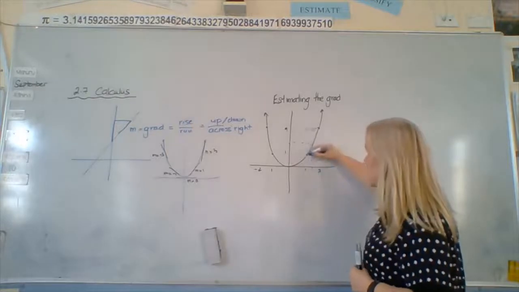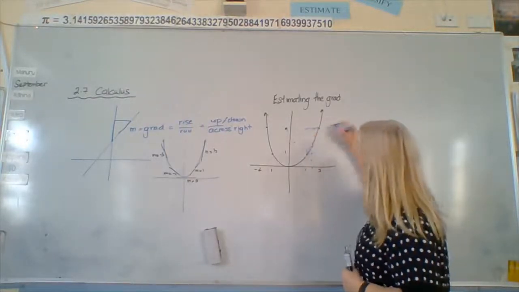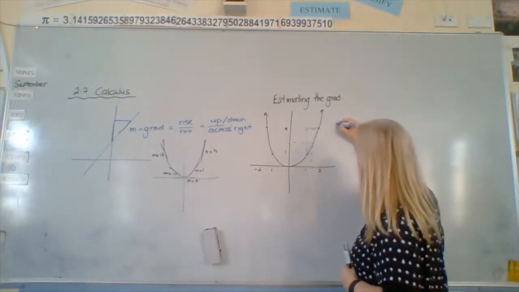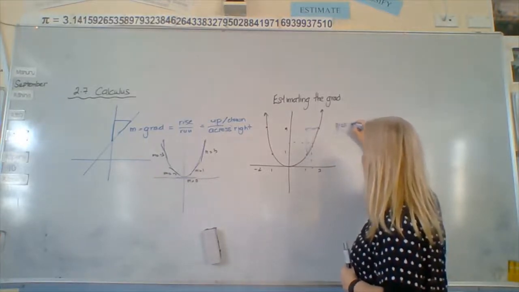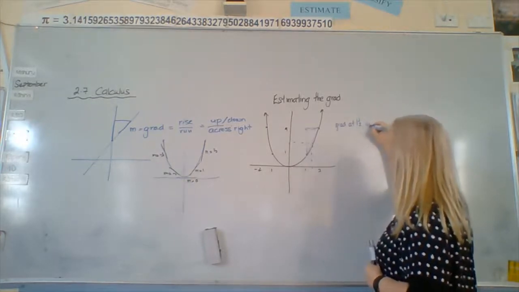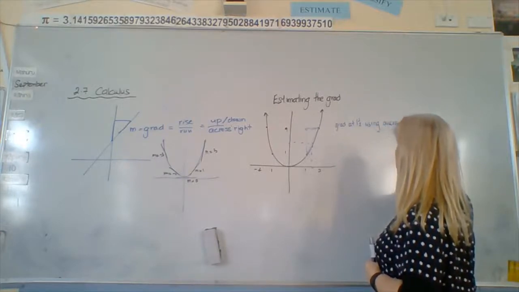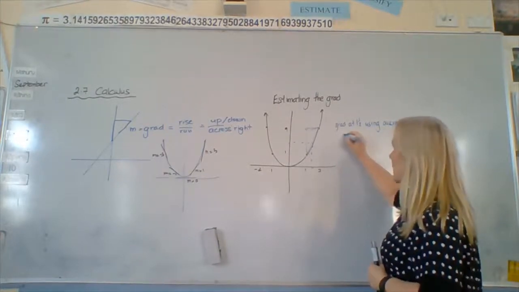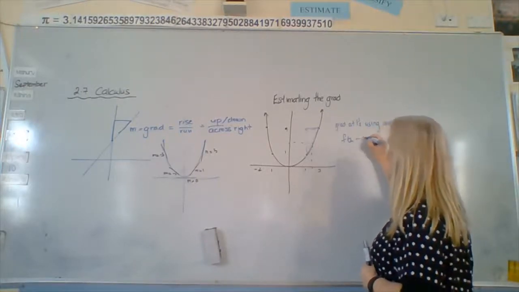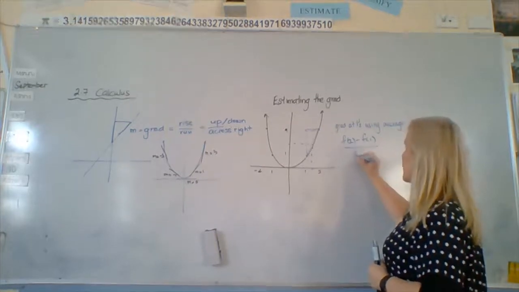So we could find the distance up over the distance across. So we want what the value of 2 is minus what the value of 1 is, over 2 minus 1.